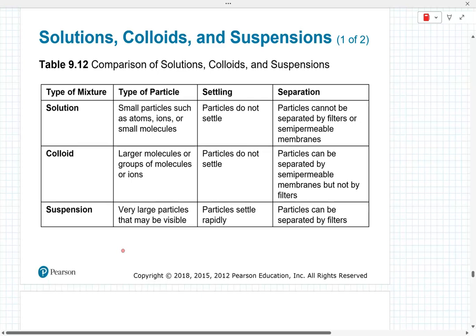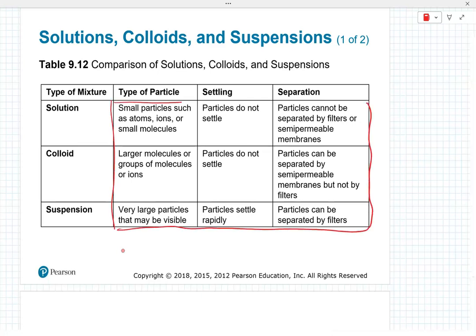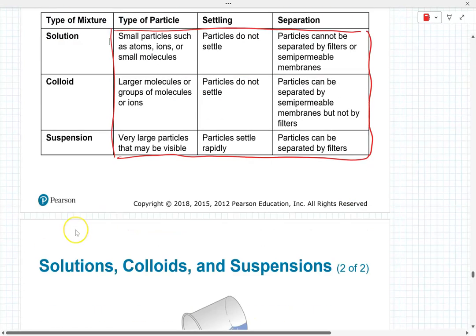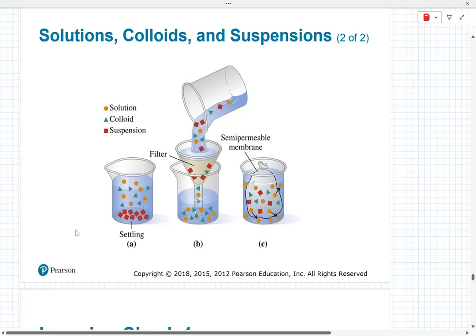So please be able to describe this, answering the questions. Like, what is the proper characteristic of a solution? It cannot be filtered, something like that. Okay? So this is a really good illustration of differences between the solution, the colloid, and the suspension.